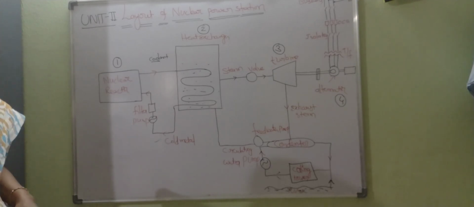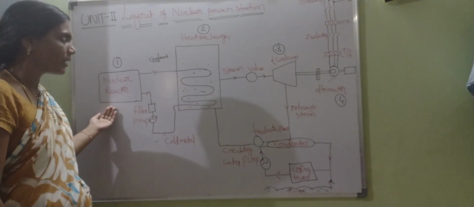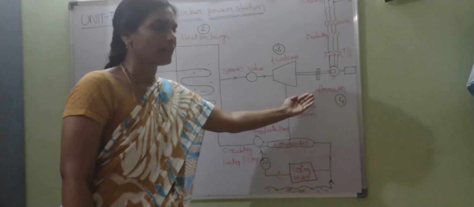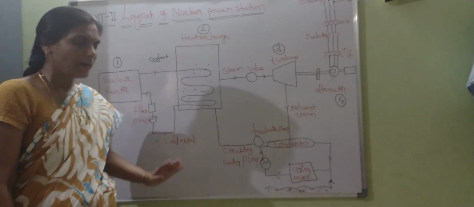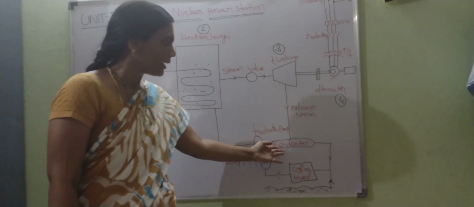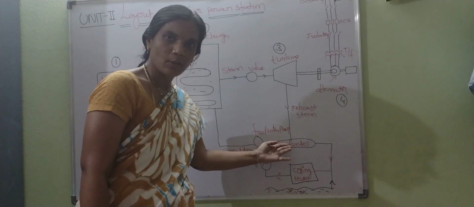Once again I am repeating. The nuclear power station consists of nuclear reactor, heat exchanger, turbine and alternator, condenser, and cooling towers. These are the basic parts. Already we know about the condenser: it always operates at low temperature and low pressure.